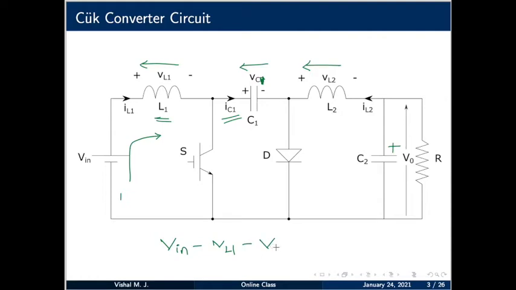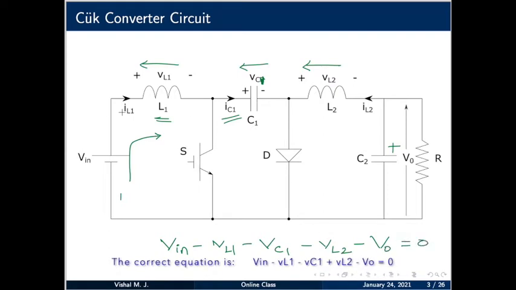This is Vc1, minus VL2 minus V0 is equal to 0. Kirchhoff's voltage law has been written for the outer loop, the loop where S and D are not a part: input inductor 1, capacitor 1, inductor 2, capacitor 2. Now, what is the average voltage across the inductor?